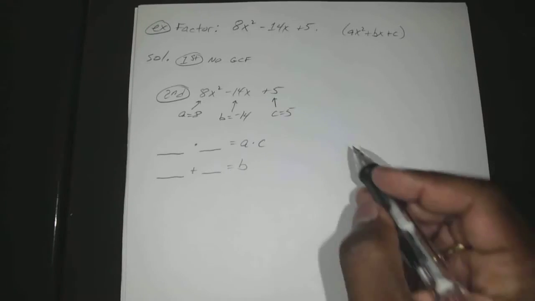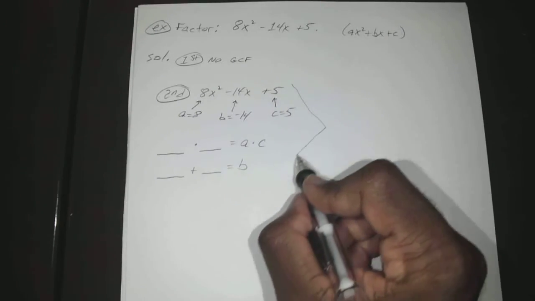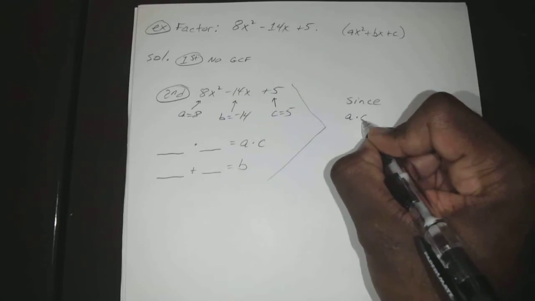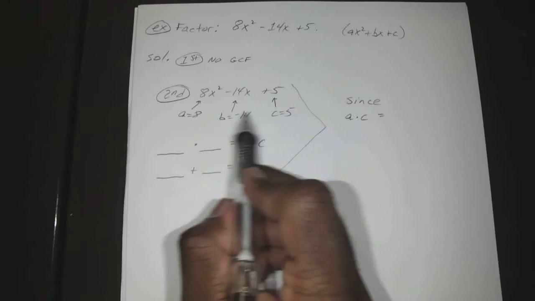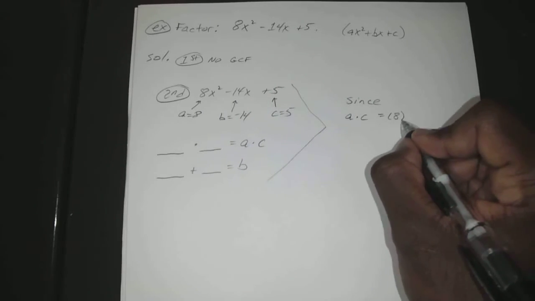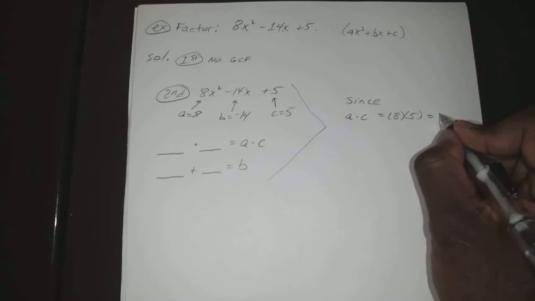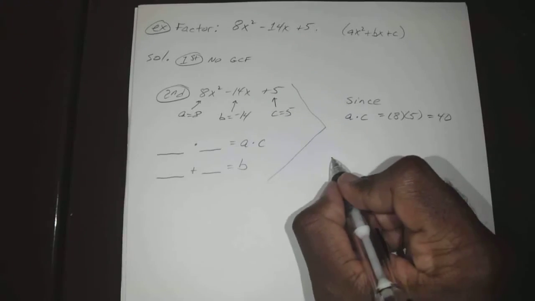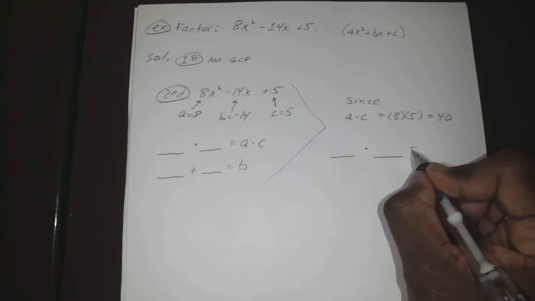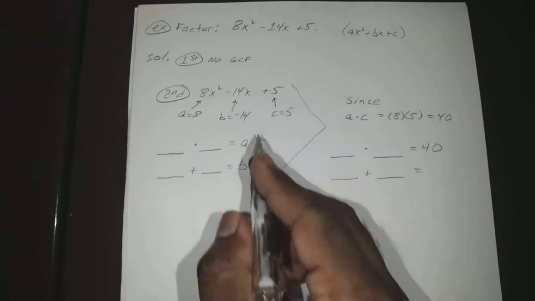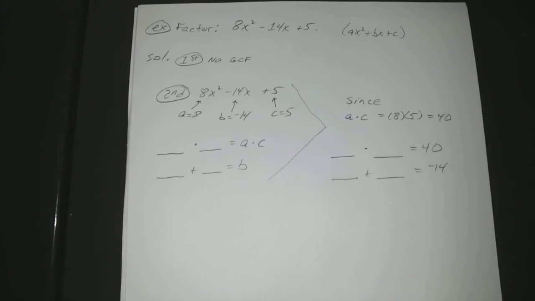Since we know that a times c is equal to 8 times 5, which is equal to 40, we have to find 2 numbers that multiply to equal 40 and add to equal negative 14.